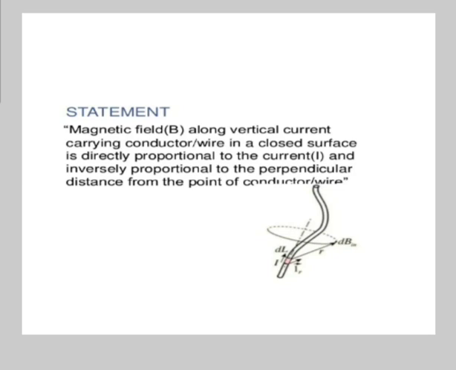If we consider current I flowing in a differential length of the filament dl bar, then P is the point of interest at which we have to find the magnetic field intensity.